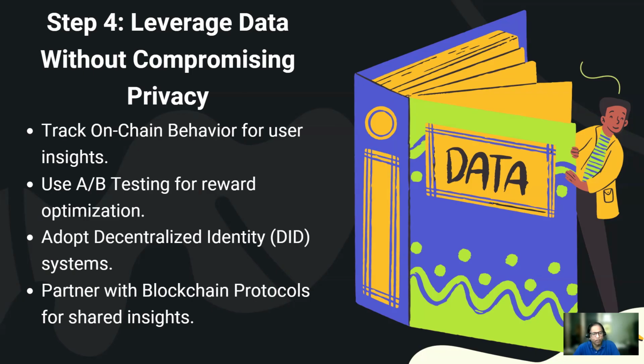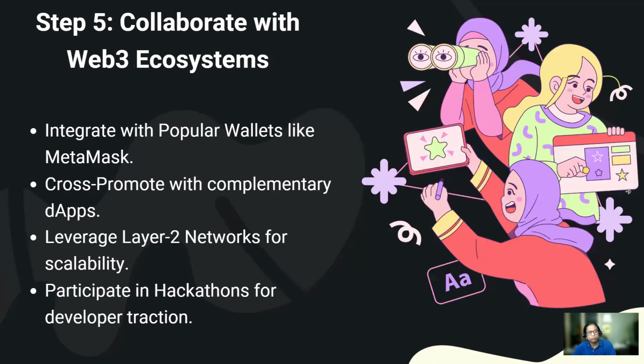Another strategy is to partner with the blockchain protocols for sharing insights. If you have other marketing agencies that share the same values, you can partner with them to promote the services as a joint service offering to your customers and also your partners' customers. And also collaborate with the Web3 ecosystems. There are a lot of wallets available.